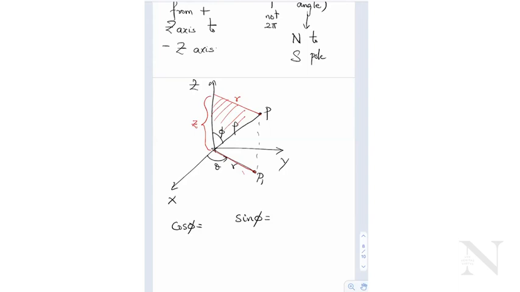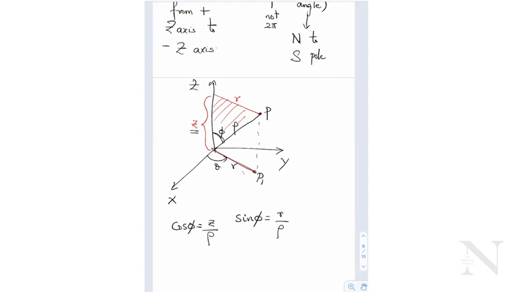All right, so let's see what cosine of phi will be. Cosine is adjacent side over hypotenuse. The adjacent side to phi is going to be z, so it's z over rho. Sine of phi is opposite side over hypotenuse, that's r over rho.